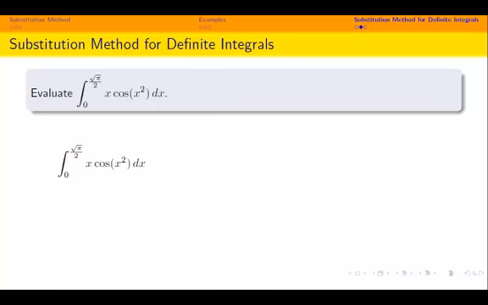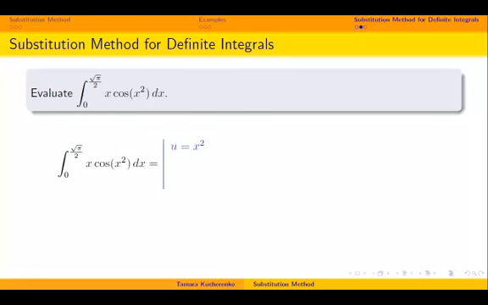We set u to be the inside function, x squared. Then du equals 2x dx. Since constant 2 is not present in the integral, we divide this equation by 2 and get 1/2 du equals x dx.